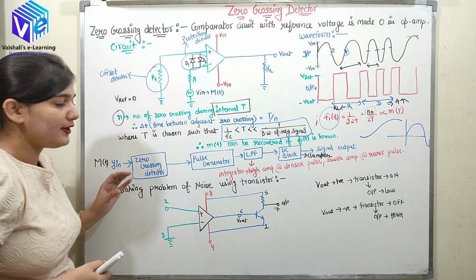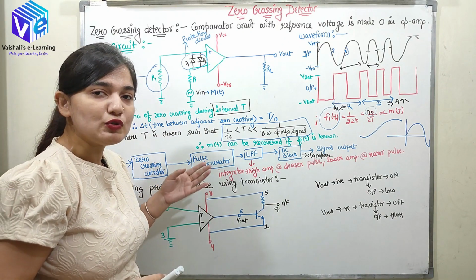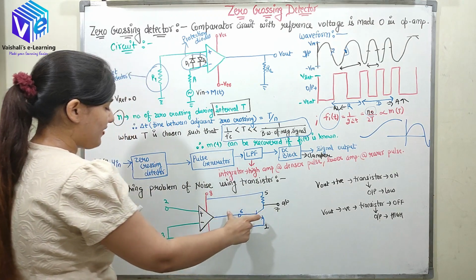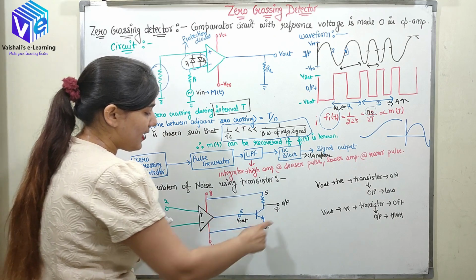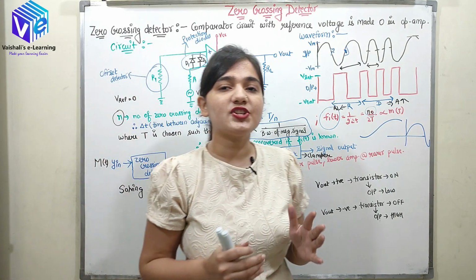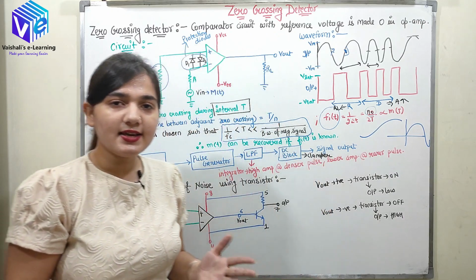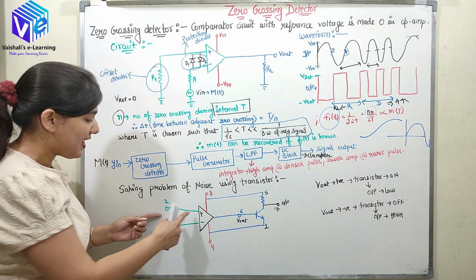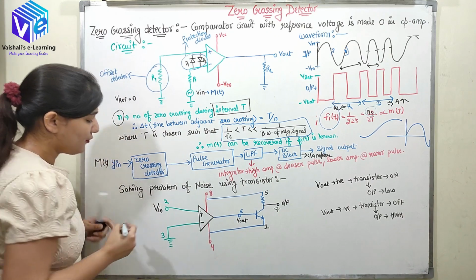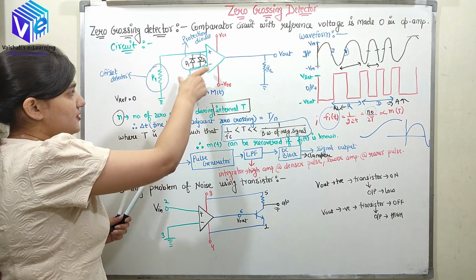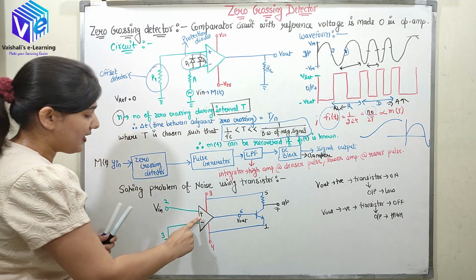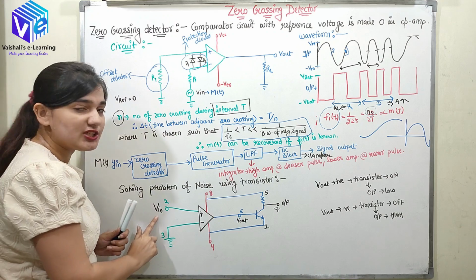We can tackle the noise problem with the use of a transistor in the circuit. So we were having this 0 crossing detector, and here I have placed this transistor. I hope you remember that a transistor is an inverting circuit. So here I have placed my input at the positive terminal. Earlier I was supplying the input at the negative terminal of the op-amp, but here I am supplying my input at the positive terminal.